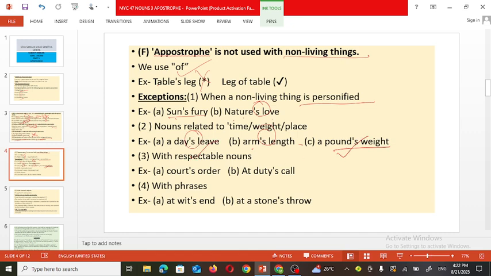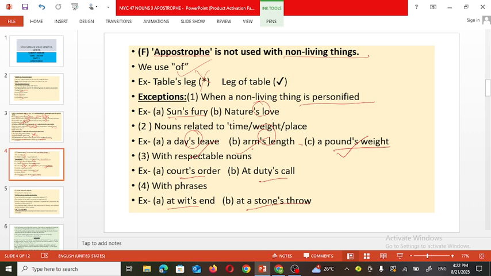This use is correct. Then with respectable nouns, for example, court's order, we are giving respect to the court. At duty's call. So these nouns, as a mark of respect, we can use the apostrophe sign. With a phrase, there are some phrases such as at wit's end or at a stone's throw.